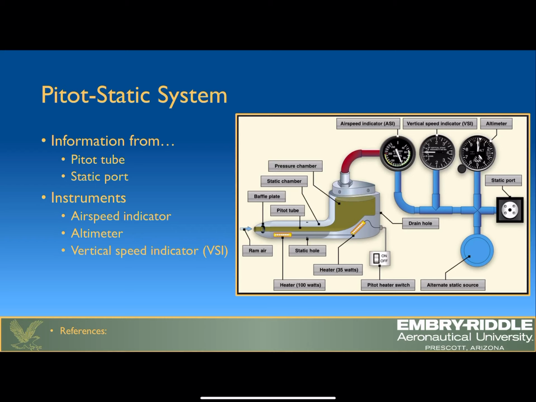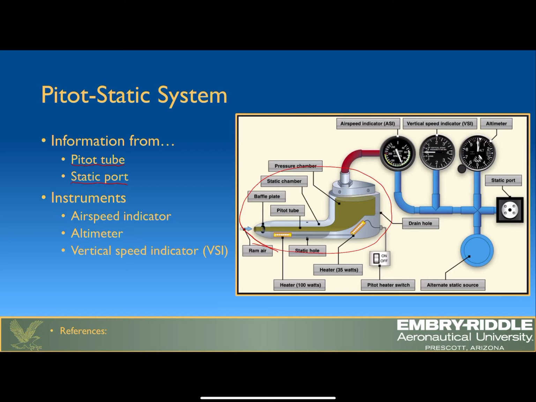So your pitot static system gets information from your pitot tube as well as the static port. These should both be located on your aircraft. If we're flying the Cessna 172, remember the pitot tube is off your left wing. So if you look out your window on your left wing, you should see the pitot tube, that's this guy here, sticking out on your left wing.